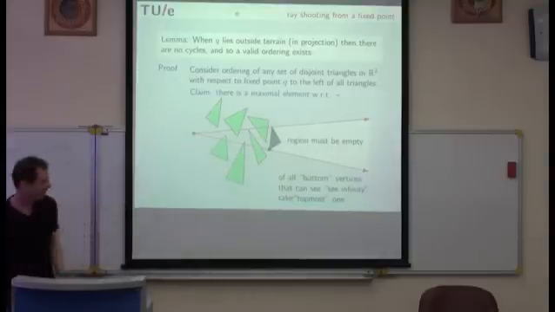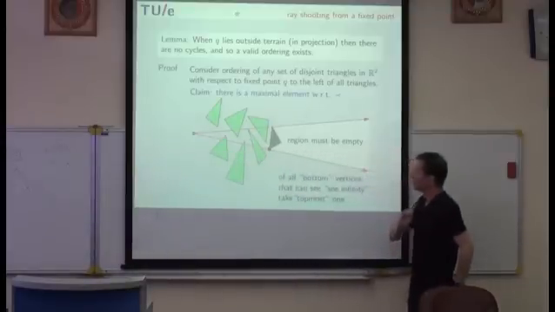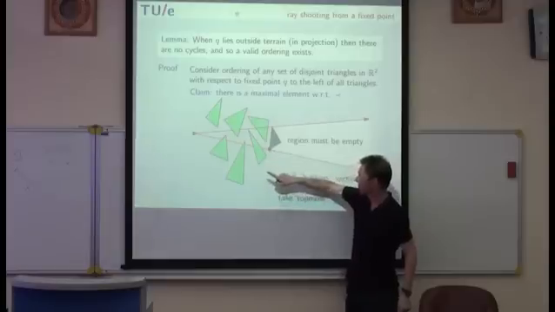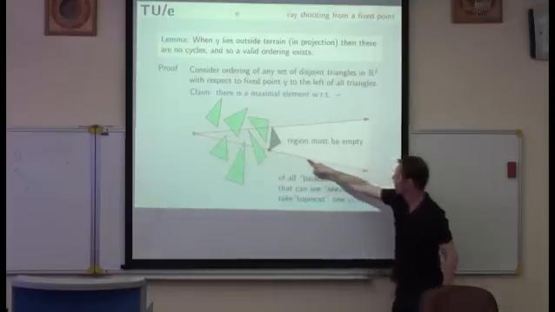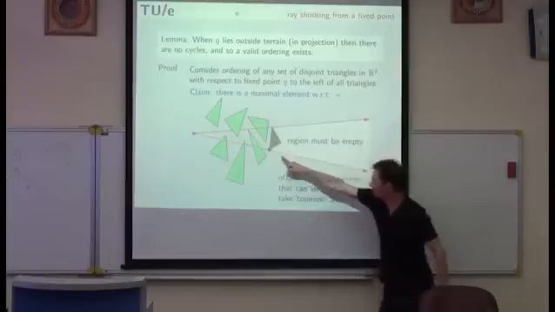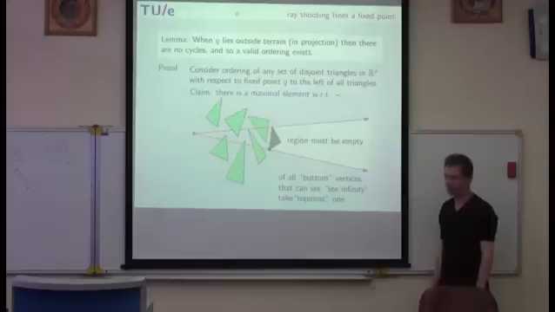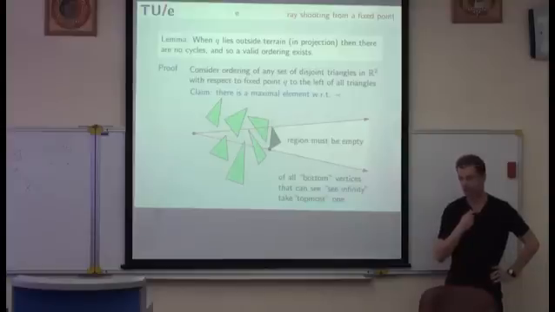And I'm going to look at all the bottom vertices such that if you take this ray from this point on, you don't intersect anything else. So first, I say that there must be at least one such vertex.